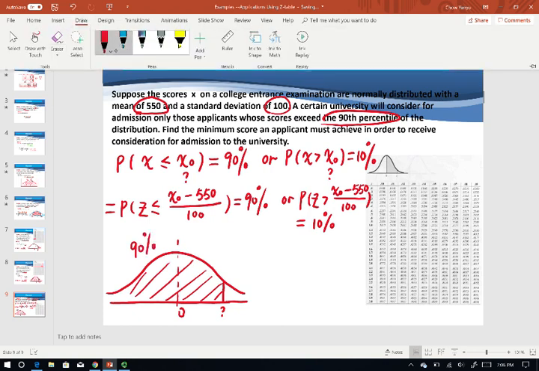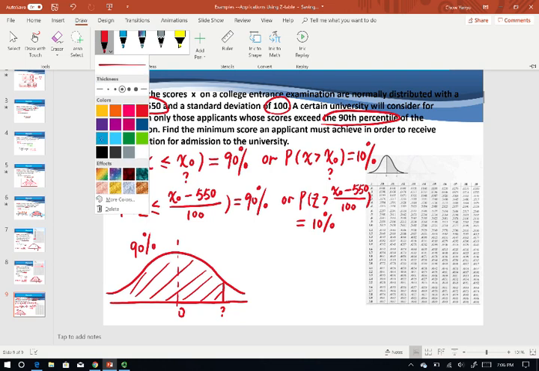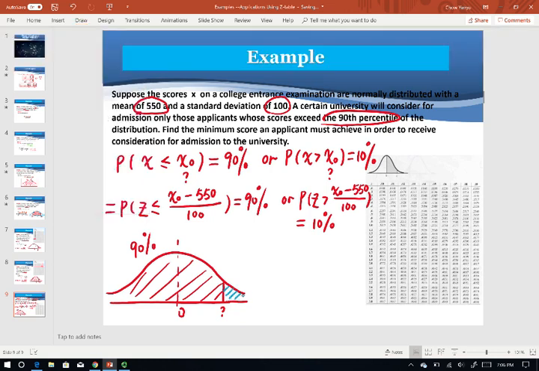Or higher than this number, it will be 10%. So either way works. And remember, the table is only about this area. So we need to always find out the probability of this area. So this area actually should be 40%, 0.4. And we need to look at the z-table to find out where 0.4 is, which row and which column.